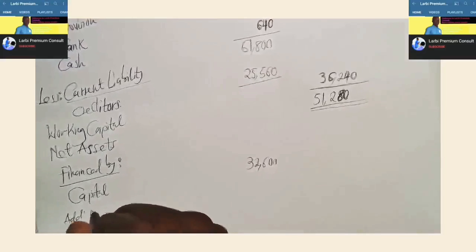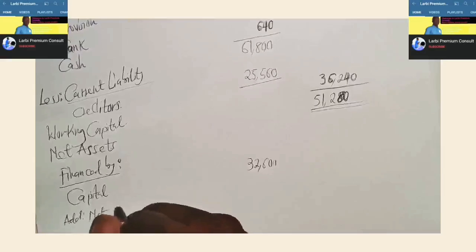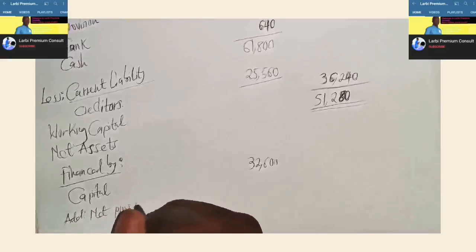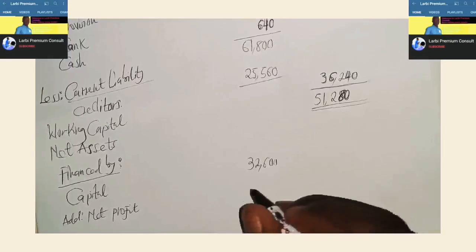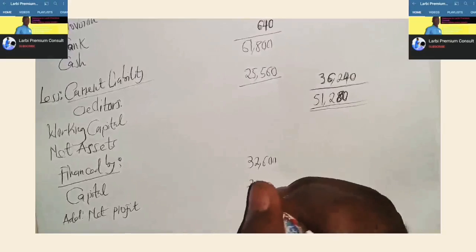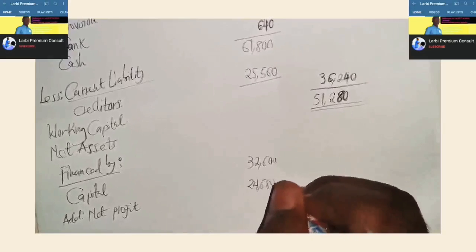Then we add our net profit, also our net profit in the question. The net profit in the question was 24,680.